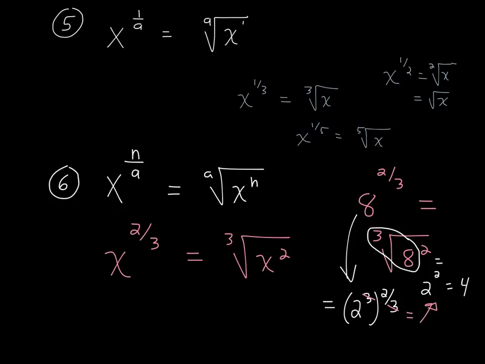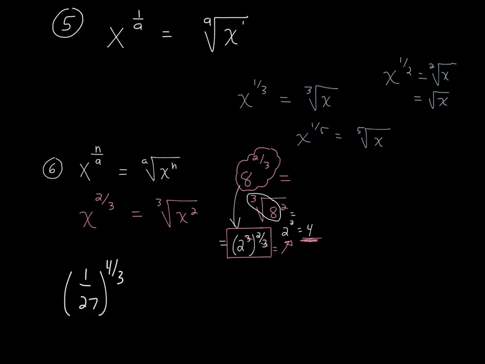Okay, so you are expected to know how to do things like 8 raised to the 2/3 without a calculator. So whether you use radicals or this technique down below here where you are rewriting that base, okay, doesn't matter. You just need to be able to get an answer of 4.